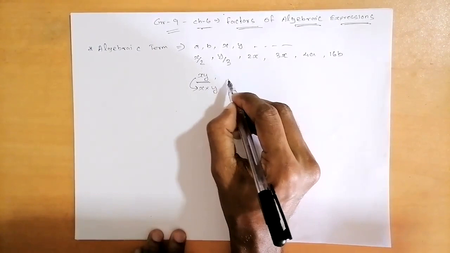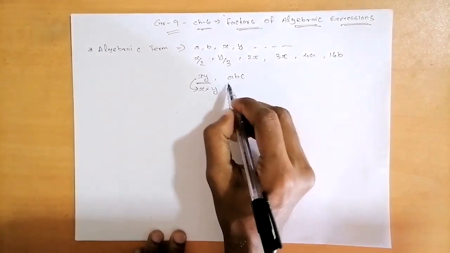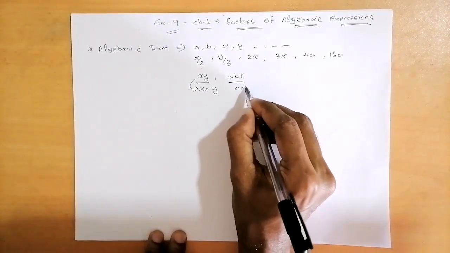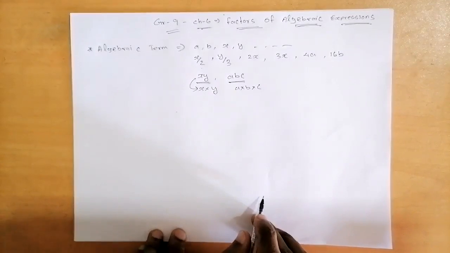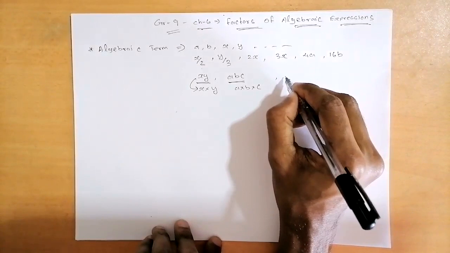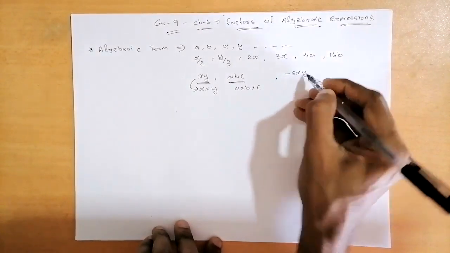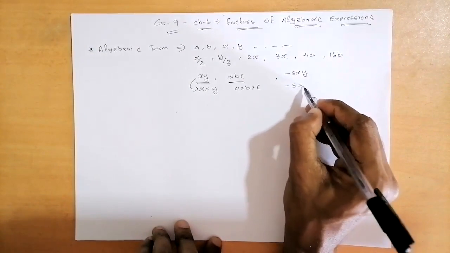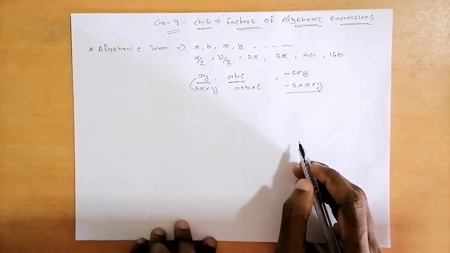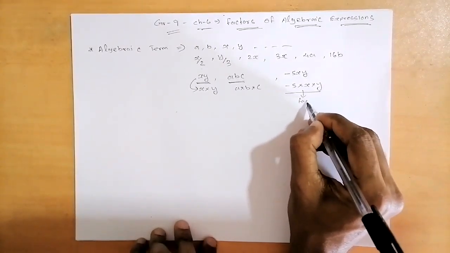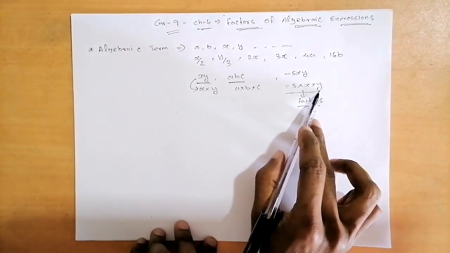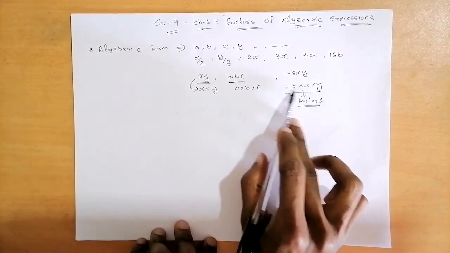We can name a, b, c: three terms individually multiplying with each other, abc. With negative values, minus 5xy. If you consider minus 5 into x into y, this is the product, and minus 5, x and y are the factors of this algebraic term, all three multiplying with each other.